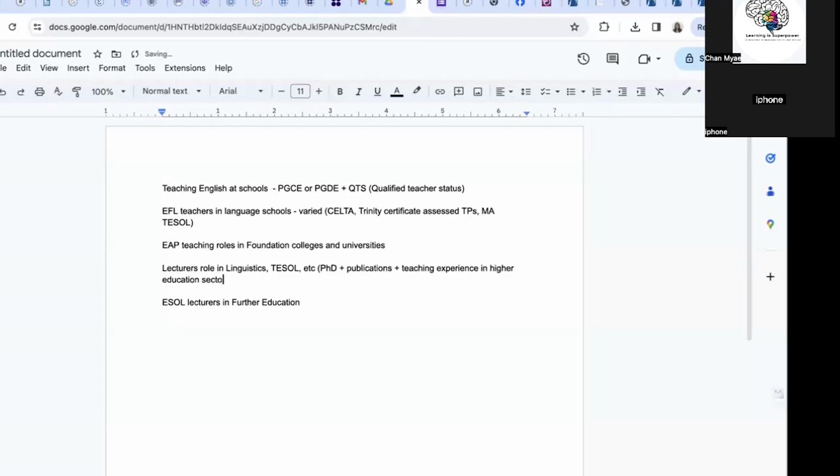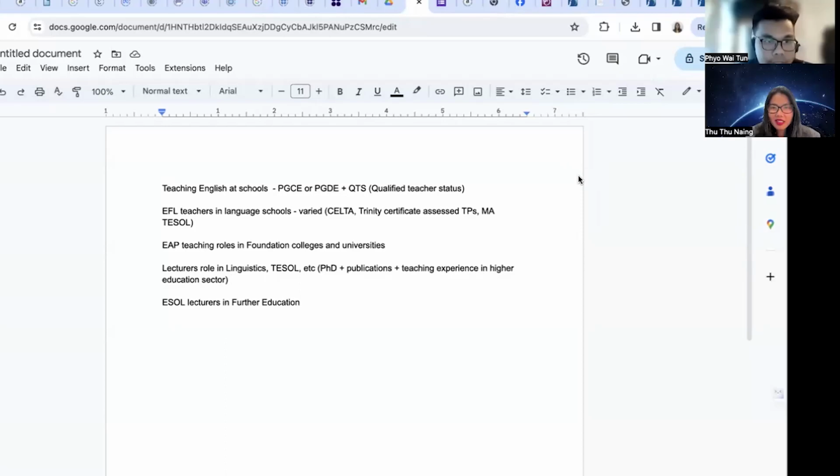Yeah, okay, thank you, teacher. For ESOL lecturer in further education, we need something similar. They might ask for a certificate that involves assessed observations of practical teaching with students.